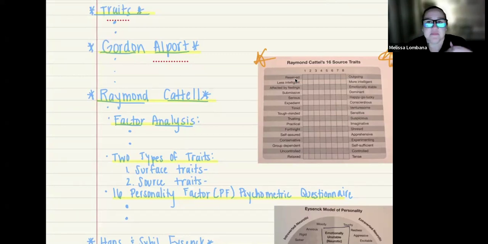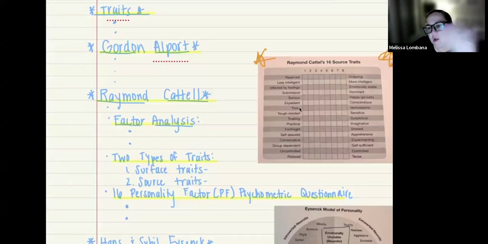Let's say, for example, questions 1, 10, 15, 20 are all about how serious or happy they are. Depending on how the person answers, they'll combine those items together, cluster them together, and then give you the results for that trait. So it's just clustering items that are similar or correlated with one another.